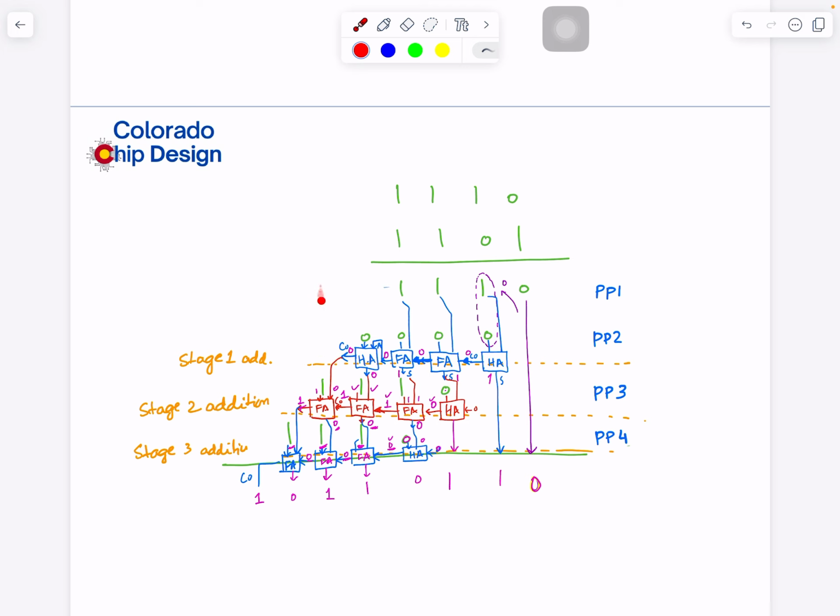There is 1 or 0 depending upon whatever the value is, so you need a full adder again. In all these cases, when you go to the next line, you didn't have any full adder before, but in this case you will have full adders. Just to give you an idea, I'm not going to implement all that, but it will result in more full adders. You will have a complete filling here. You just can't assume 0 like before.